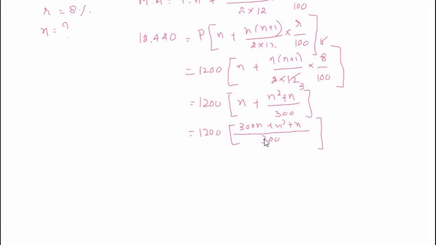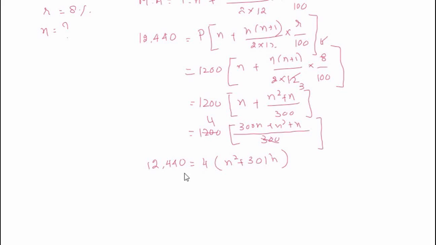Now this 300, let us cancel it. 300 ones are 300, 4 times. So this is 4 into N square plus 301 N. That is equal to 12,440.